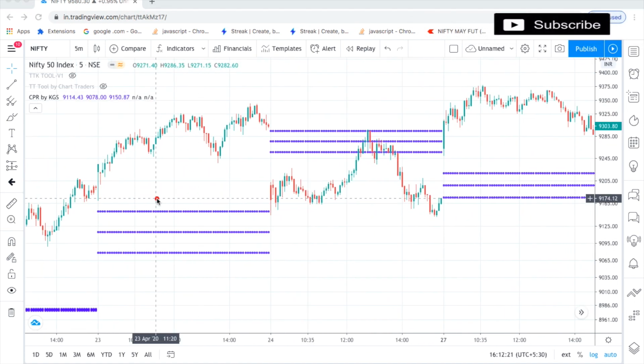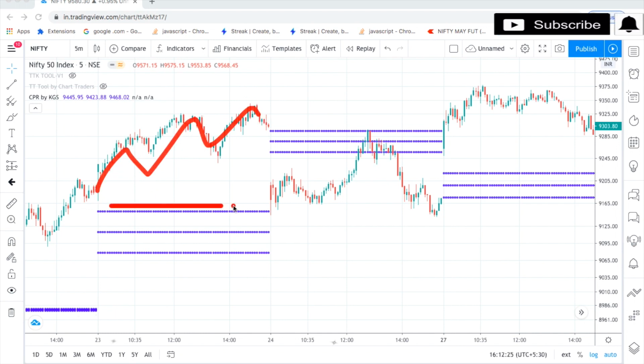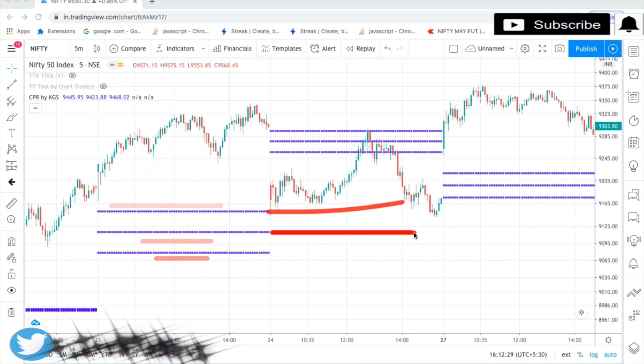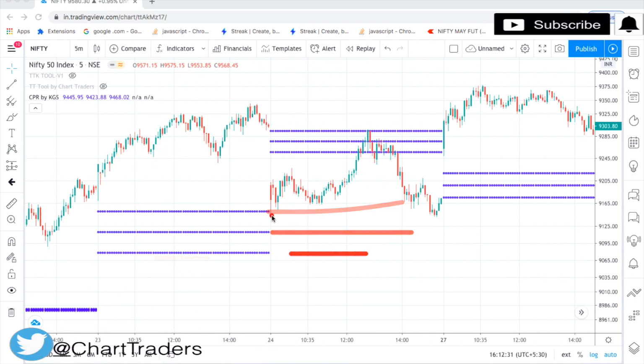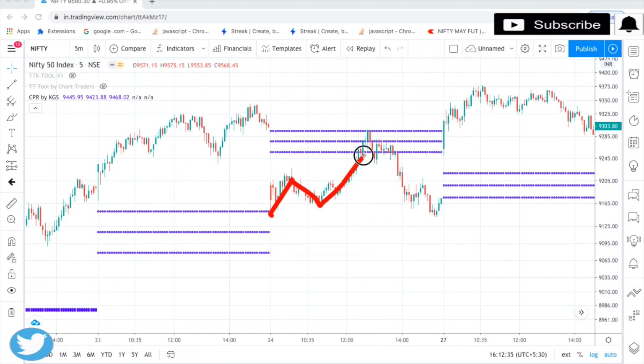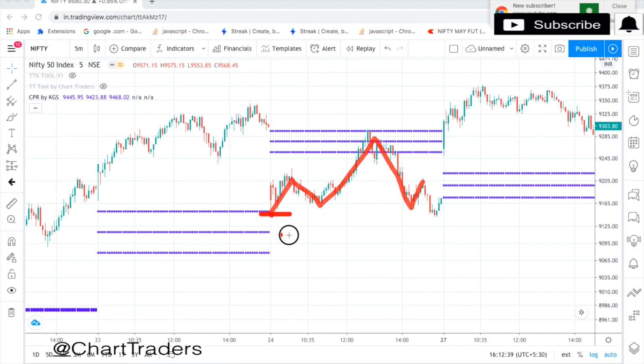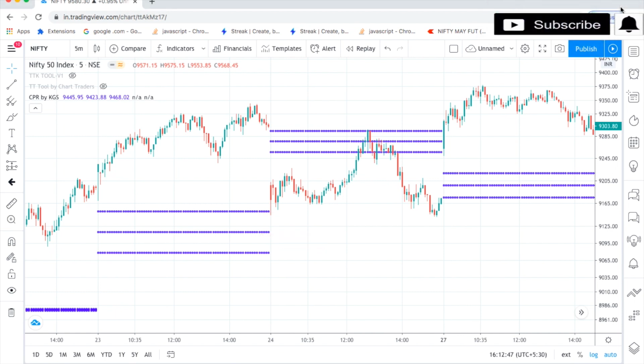See the best example: price is above the CPR and doesn't touch the CPR level. On the next day we extend this line. This is the first entry point here, it goes up, again comes down, again goes up, taking support at the line.